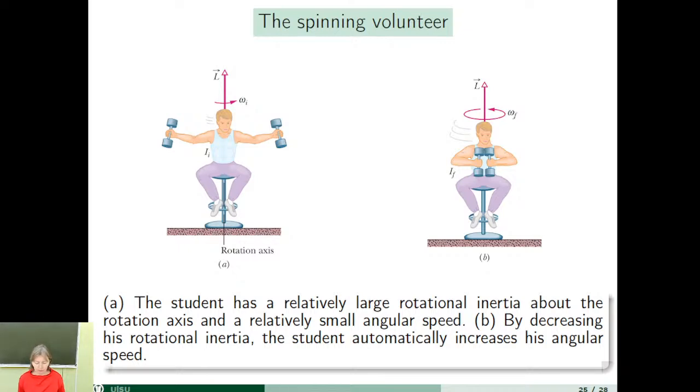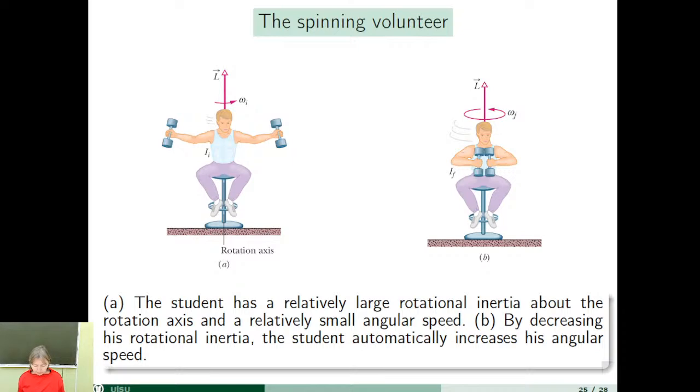We write this conservation law as the product of moment of inertia and angular velocity initial, in the first case, is equal to the product of moment of inertia and angular velocity final, in the other case.